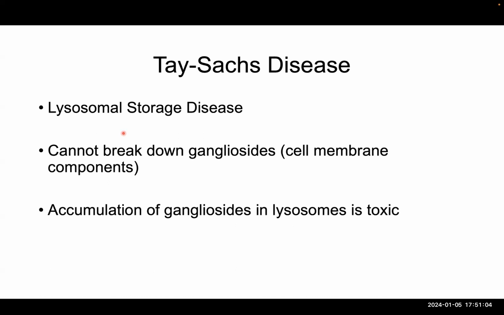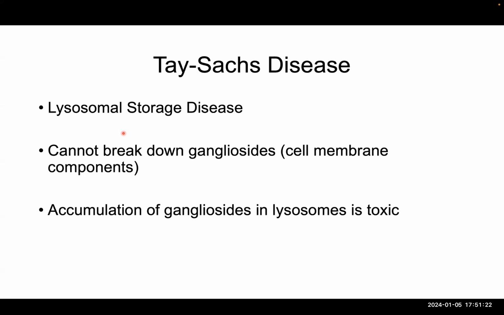Especially the nervous system, for example. As a result, at around 6 months, the person is going to start showing symptoms. It's just going to degenerate and degenerate, and by the time they're about 4 years old or earlier, it becomes fatal.